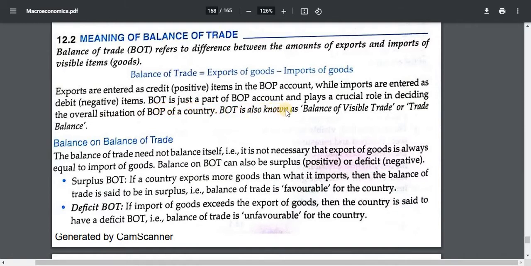BOT is also known as balance of visible trade or trade balance. Balance on balance of trade. The balance of trade need not balance itself. That is, it is not necessary that exports of goods are always equal to imports of goods.